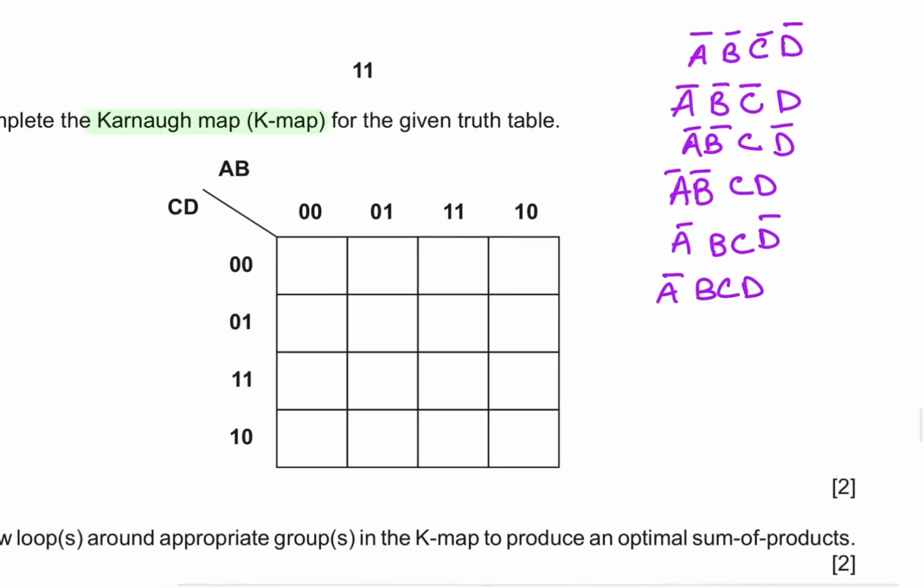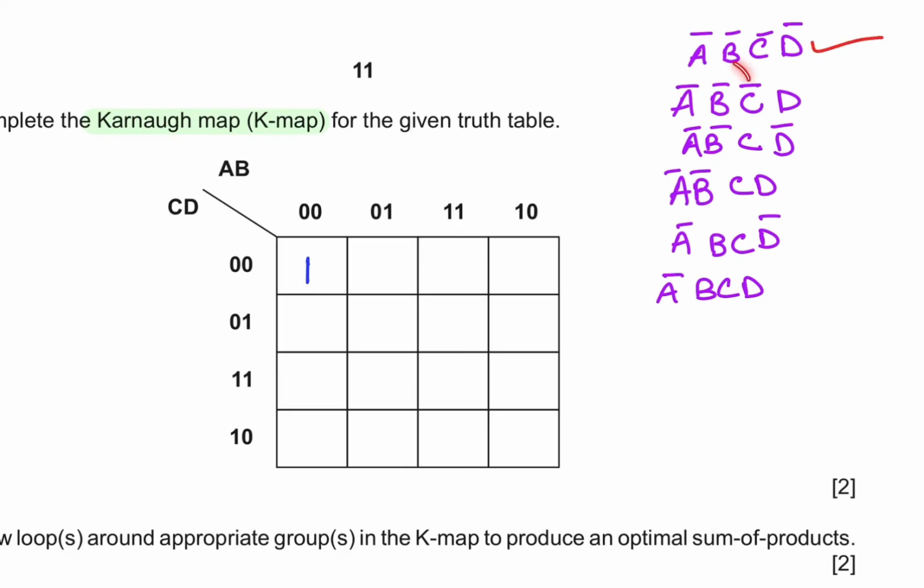A and B are 0. So you have to look at the place where A and B are 0, and C and D are also 0. You can see A and B both are 0, C and D both are 0. So the first one is done.